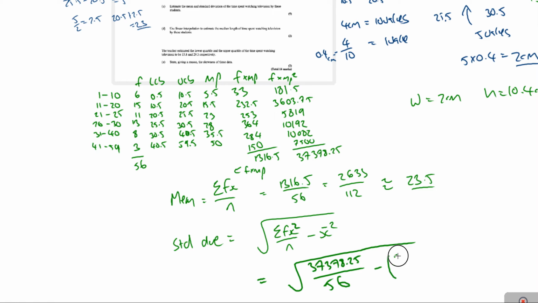subtract. Now here, keep your exact value for the mean. So 2633 divided by 112 all squared. Plugging that into your calculator, you get a result of 10.71.